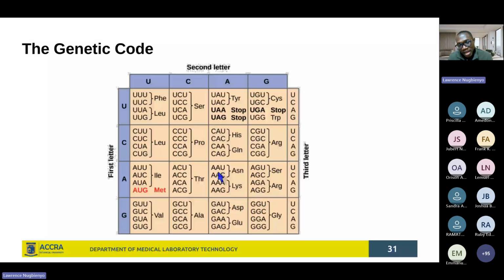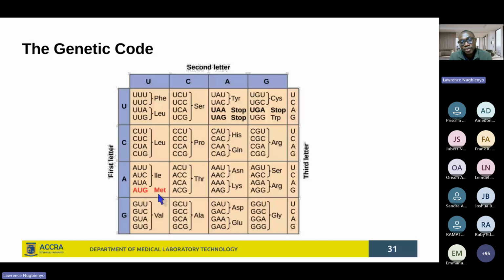Another thing you can pay attention to, maybe these ones, yes, you can remember them. One of the codes is shown in red: AUG. AUG is coding for methionine.